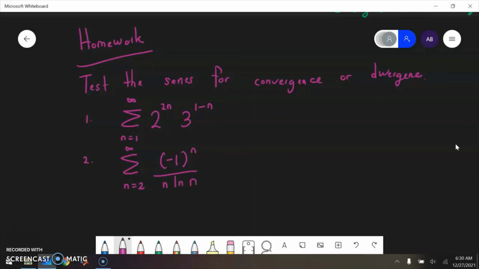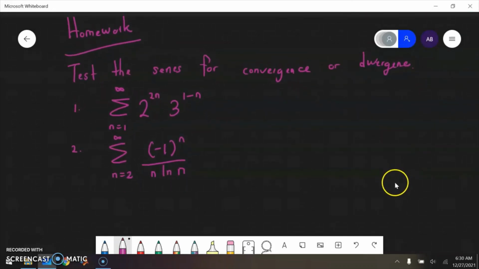Okay, you have questions here. Now I want you to use the root test. Obviously you can use the alternating series test for this, right? But try to use the root test and show me what you get, whether it's convergent or divergent.